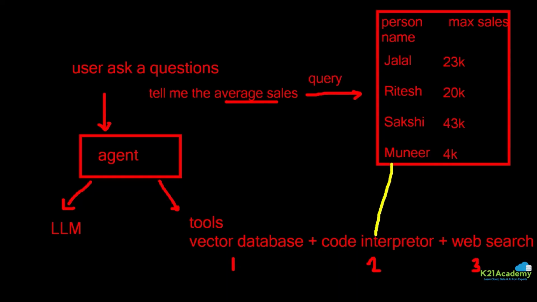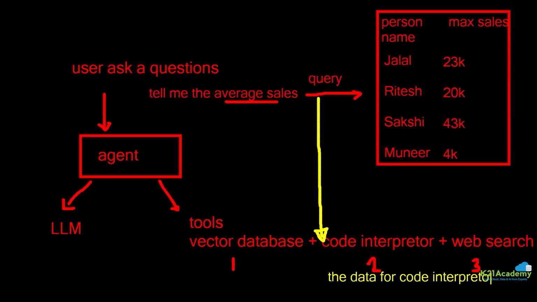Remember, for this kind of information fetching, you will make use of code interpreter. In the code interpreter task, the data is never going to be, I'm saying never going to be, a vector.